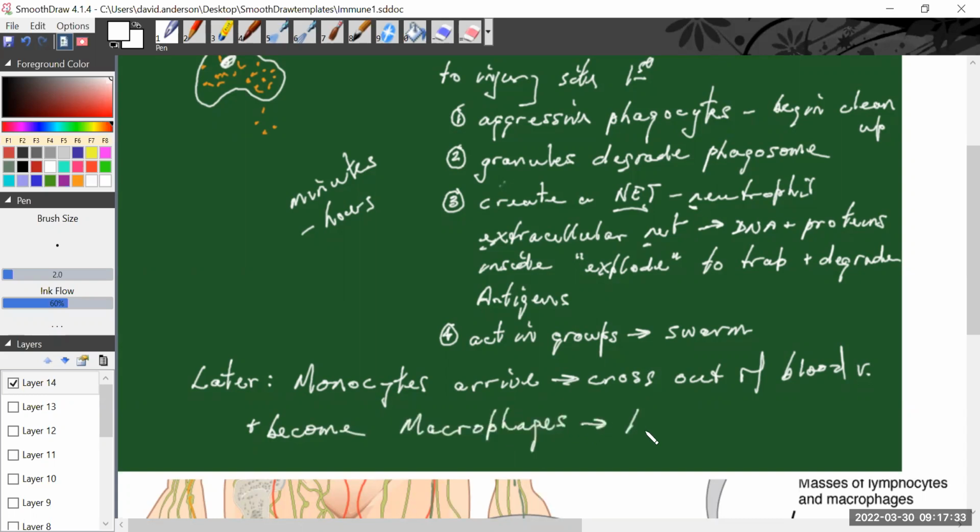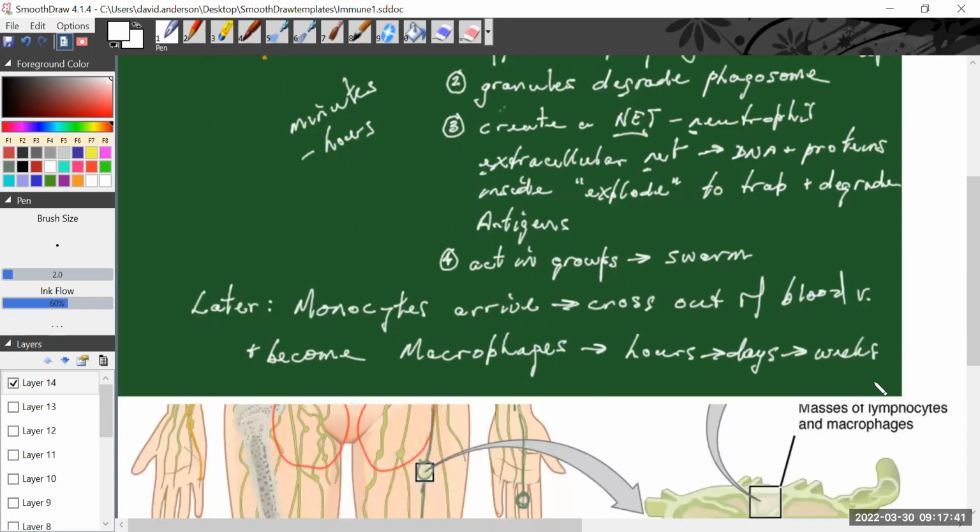And they're going to last from hours to days to weeks. They're going to finish the cleanup. So here are some examples of non-specific cells, part of the non-specific immune system, that are activated during the inflammatory response to promote this cleanup.